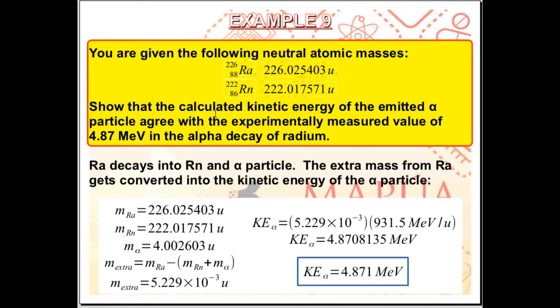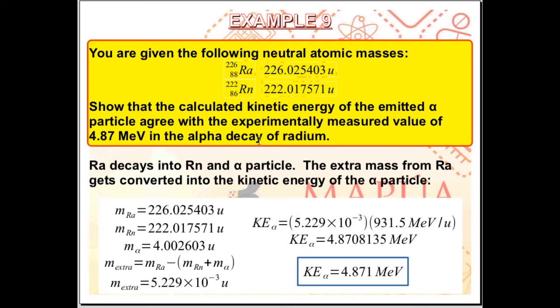Show that the calculated kinetic energy of the emitted alpha particle agrees with the experimentally measured value of 4.87 mega electron volts in the alpha decay of radium.